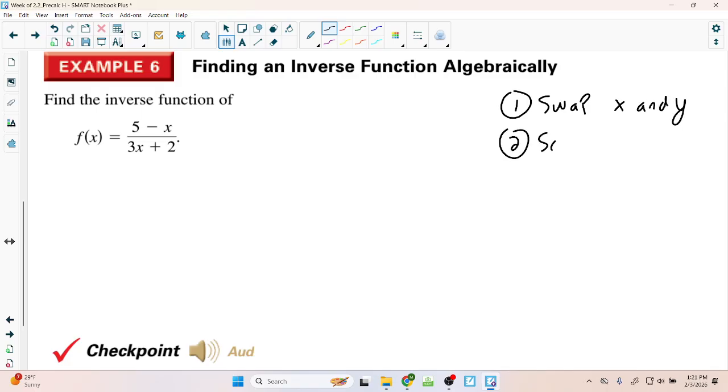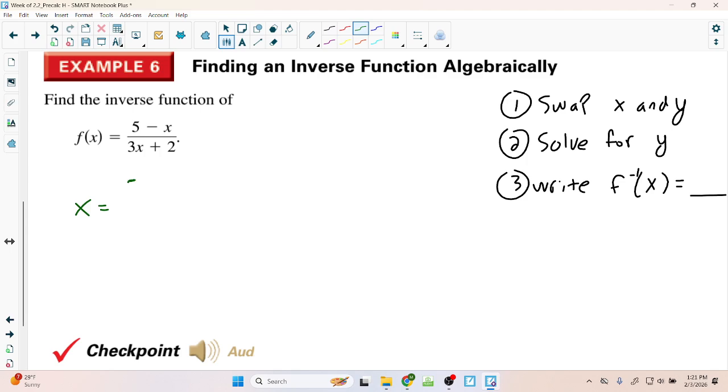You're going to solve for y, and then you're going to write basically f inverse. So you're going to swap them, so you're going to have x equals (5 minus y) over (3y plus 2). A couple ways you could go about it, but your goal is to get y alone.